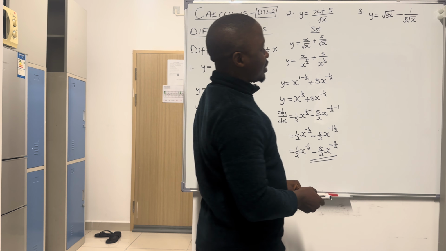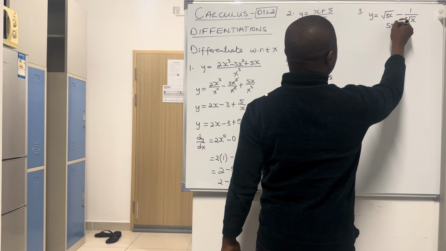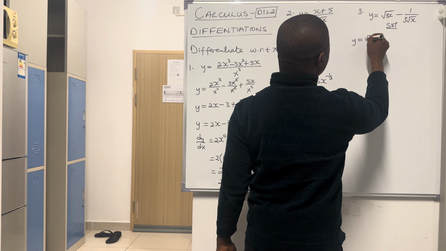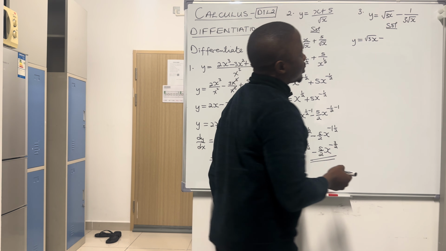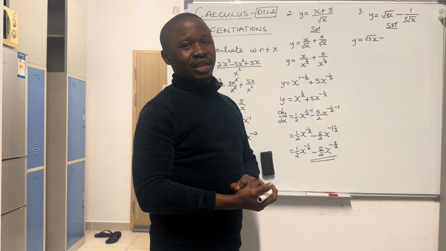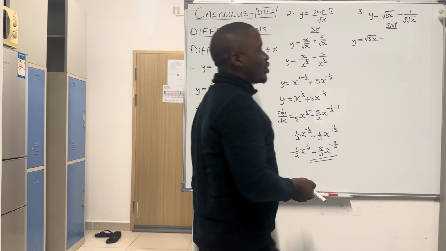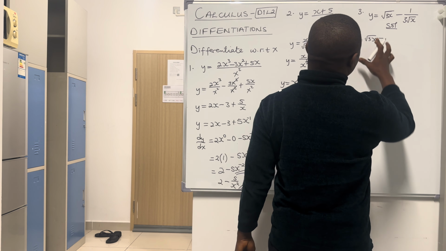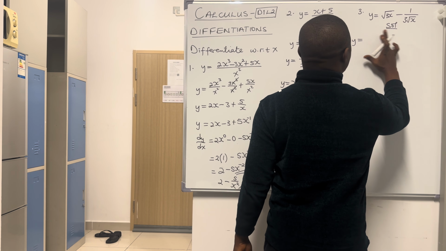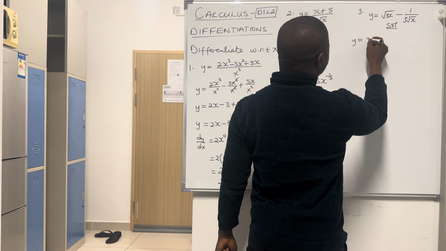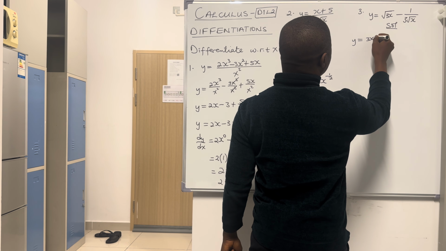Let's see what we do here again. The first thing we do is to say y equals root 3x minus 1 over 3 root x. Remember, the square root of any value is that value raised to half.